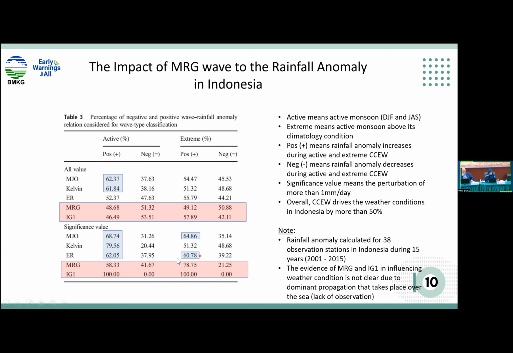But for extreme conditions, it can increase the anomaly more than 70%, but it cannot significantly suppress the precipitation anomaly. It means that the monsoon still plays a more significant role than the mixed Rossby-Gravity wave during extreme monsoon conditions.